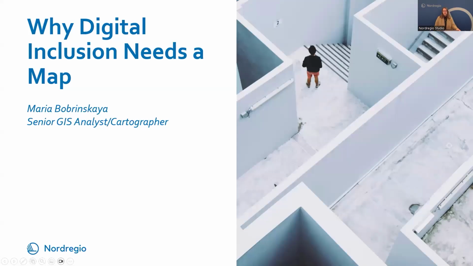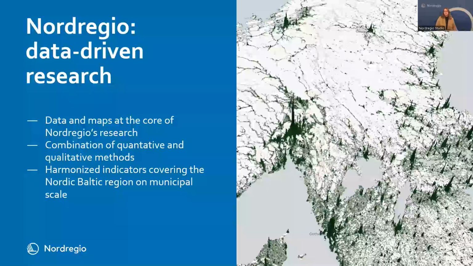So why does digital inclusion need a map? Nordregio is focusing on having data-driven research as a base for policymaking. We are working here in the Nordic Baltic region, where spatial aspects are especially important.